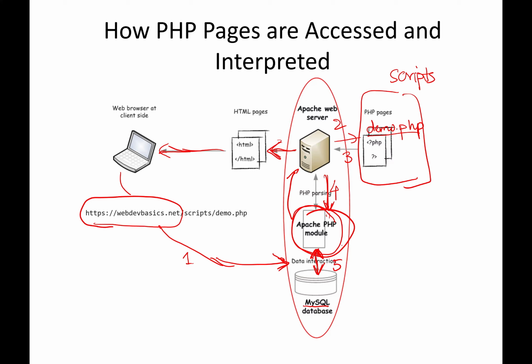Step five is execution. For that, we may need some interaction with the MySQL database. Step six is sending the results back to the Apache web server. Step seven is formatting the results in, say, an HTML file. And step eight is sending the results back to the web browser or client.